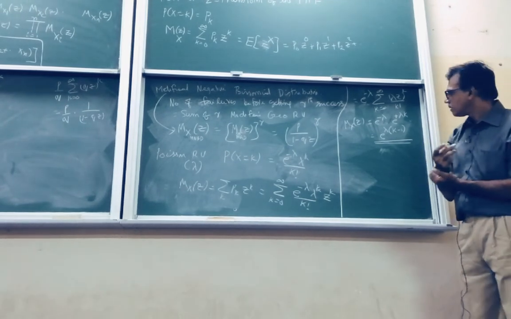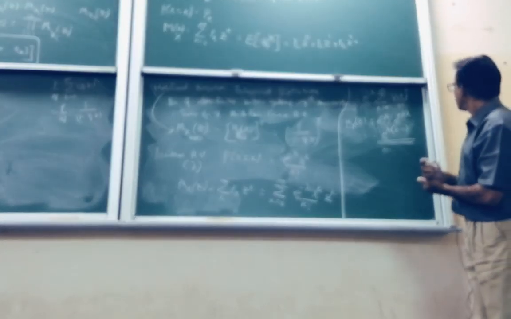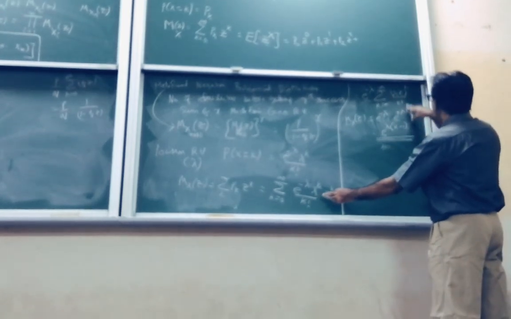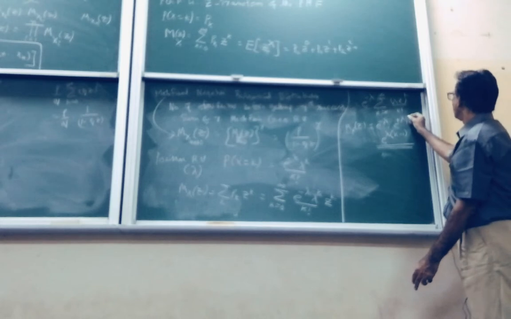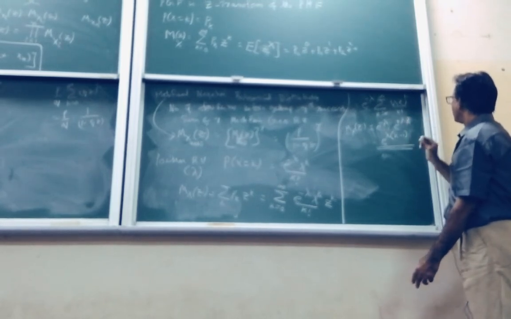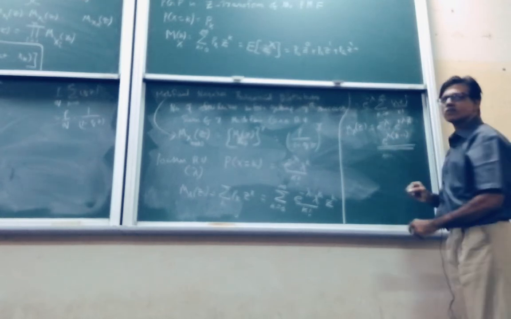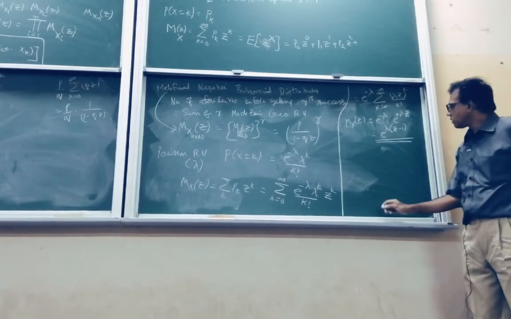That will be e to the power lambda z in the second last step. Lambda z, sorry, it is a function of z. So that's it.